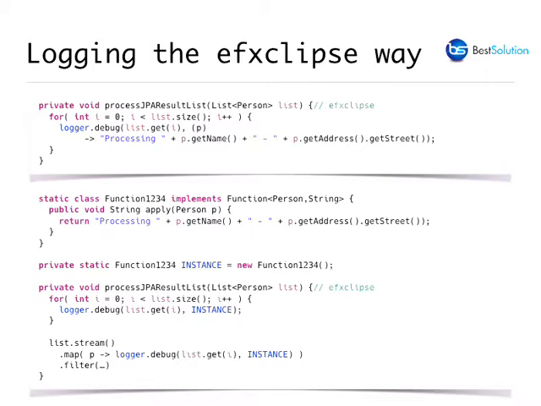So the lambda or the VM can be smart enough to create only one instance and pass the same instance all the time to the debug function. So we save 1,000 object instances whenever we run this code.